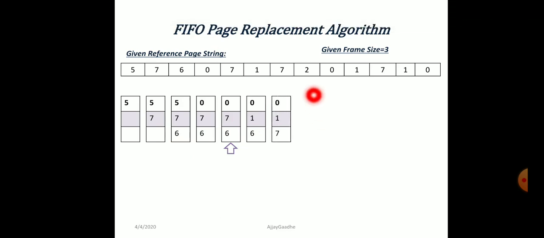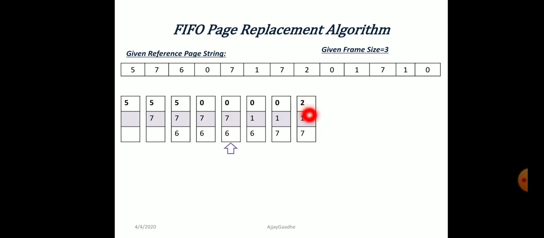Next is page 2, again a page fault. Out of 0, 1, 7, 0 is the oldest page, so 0 is replaced with the new page. Now the instance is 2, 1, 7. Next requested page is 0. We don't have 0 in the main memory, so it is a page fault.